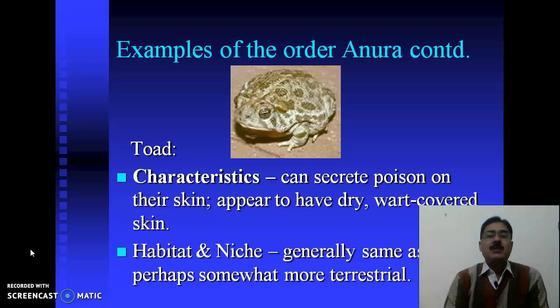As far as habitat and diet are concerned, toads generally have the same diet as the frogs, but they are more terrestrial as their skin is much drier than the frog. Apart from it, the head portion of toad is less triangular in comparison to frog.